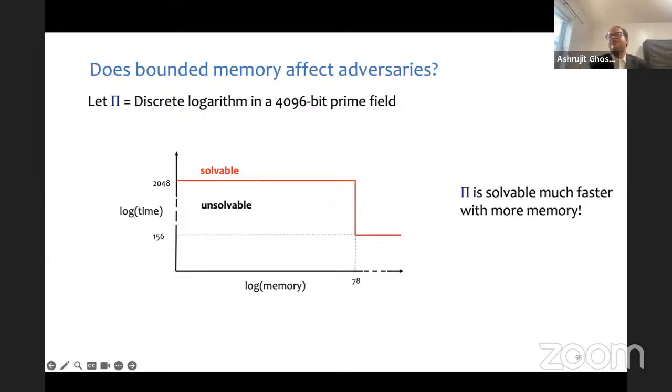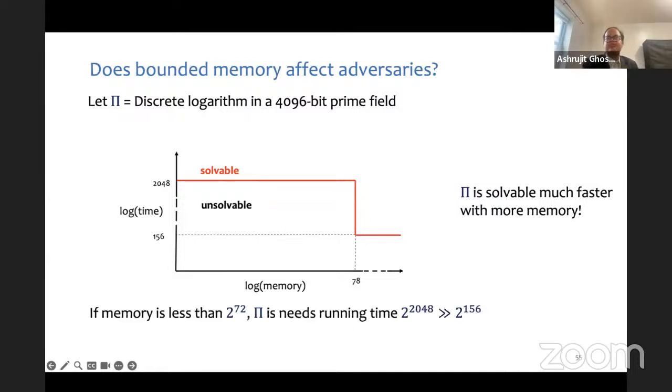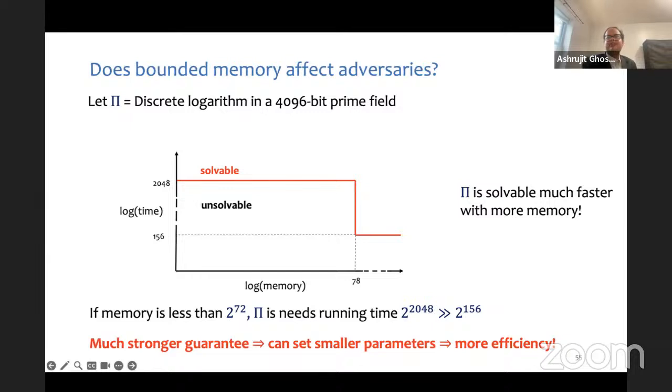In particular, if we assume a memory upper bound of, say, 2^72 bits, the fastest known adversary takes 2^2048 time. Therefore, such a scenario allows us to set security parameters way more aggressively, leading to more efficient constructions.